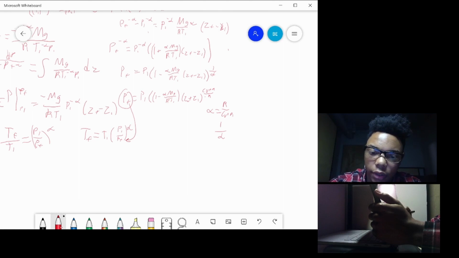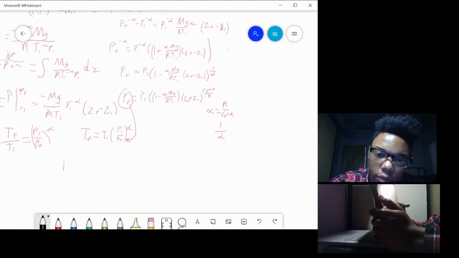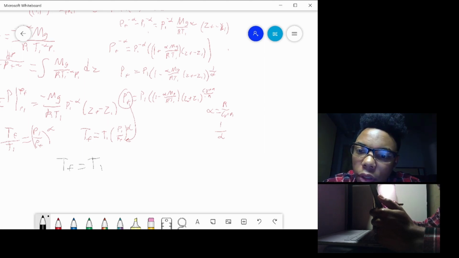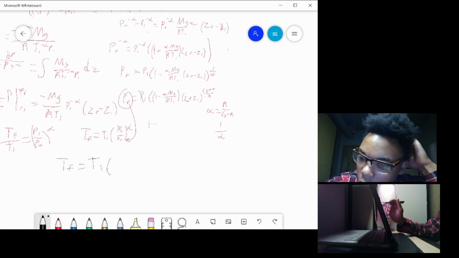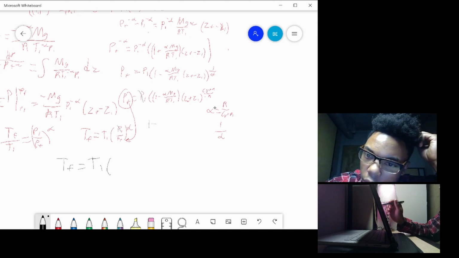And what's going to come out of that is we're going to get TF is equal to T1. We're going to plug the P1 in there. And when we plug that in there, we'll get all that over P1, so the P1s would cancel. 1 minus alpha, alpha has an R, so R over R, our R's would cancel. That would go on the bottom.